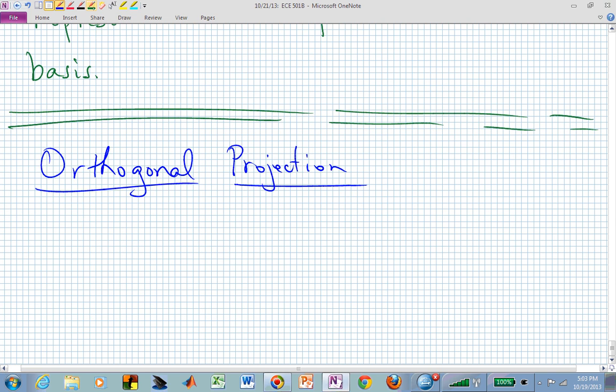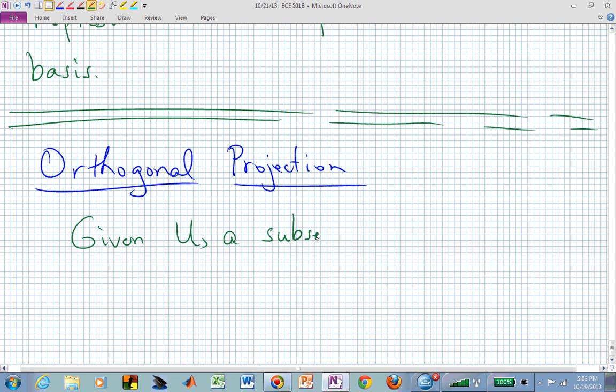So here is an orthogonal projection. Given U, and U at this point in the discussion is not necessarily a subspace.